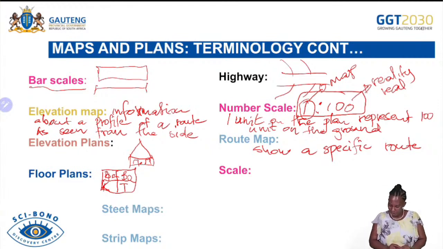What is a street map, boys and girls? These definitions, I know it's not the first time you are seeing them, but you just need to remind yourself, because they are also examinable.